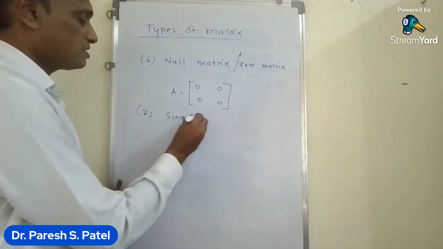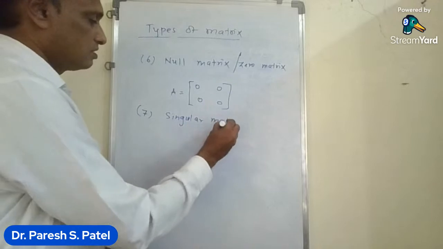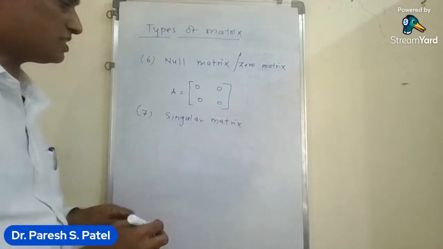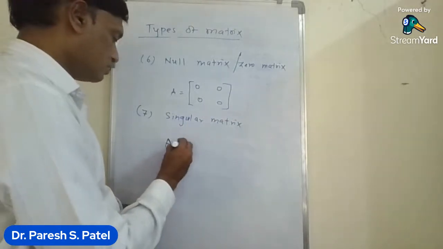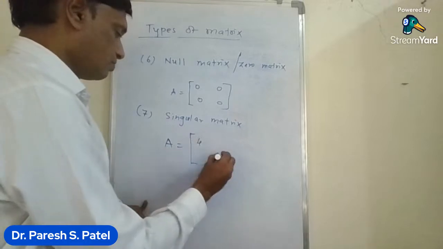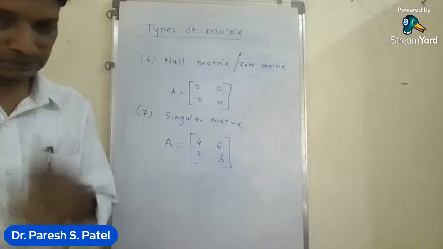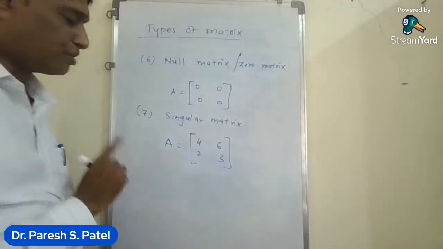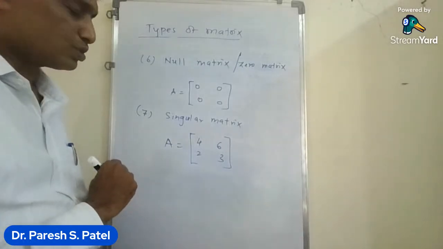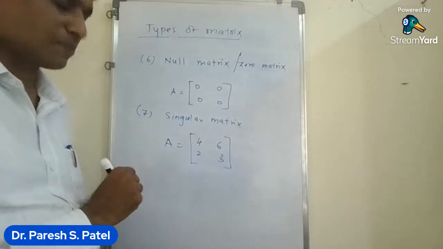And last one is singular matrix. Now what is a singular matrix? Suppose A is equal to, now if the determinant of this matrix is equal to 0, then that matrix can be represented as a singular matrix.